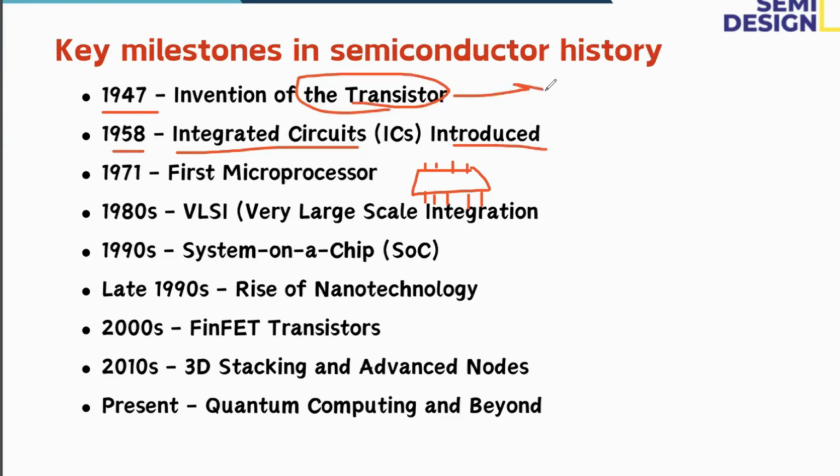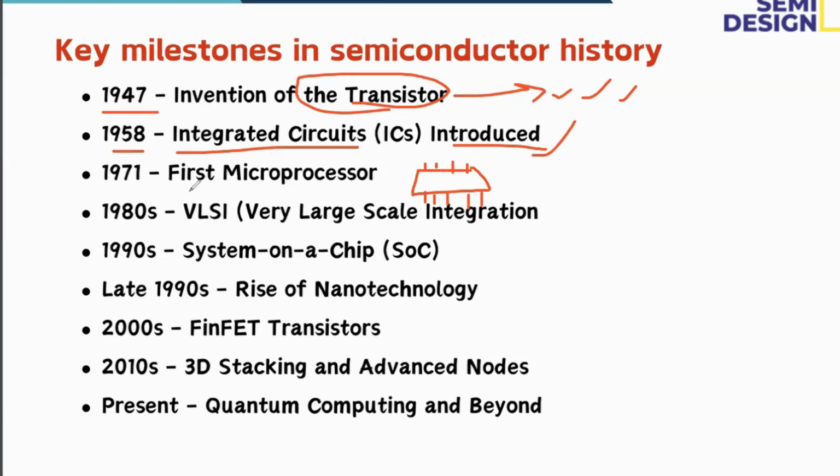We have different types of transistors like BJT, FET, CMOS, and all. The combination of transistors is nothing but an integrated circuit. In the integrated circuit, we put millions of transistors and some components, integrating them on a chip. That's what we call an integrated chip.